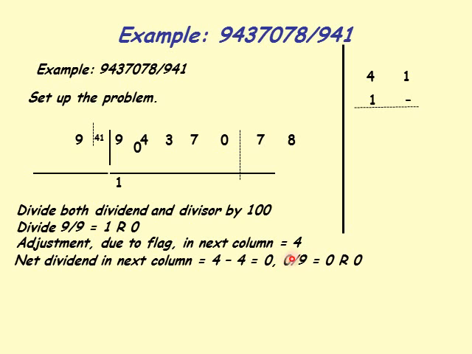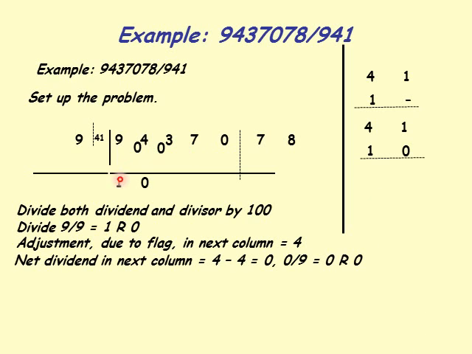And we divide 0 by 9. I got 0, remainder 0 in the next column, because 0 here from division in this column, and then 0 is the remainder to be used in the next column's division. Let's continue here.